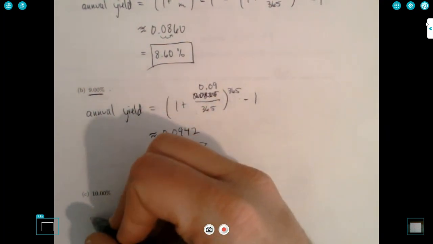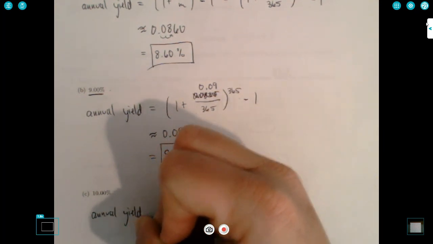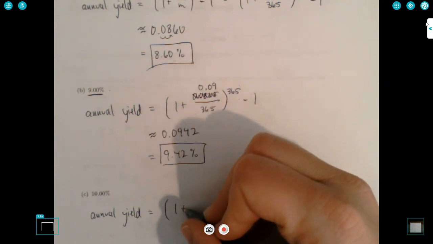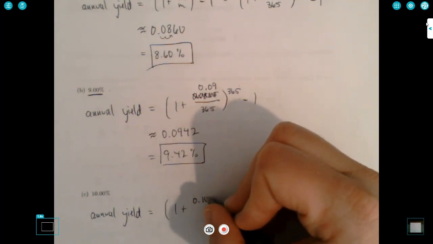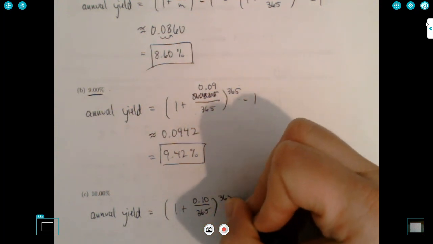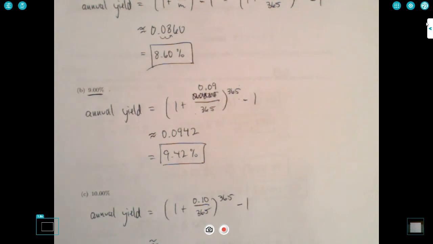Last one, for the 10%, we're going to have 1 plus 0.10 divided by 365, to the 365, minus 1. Let's see about how much that is.